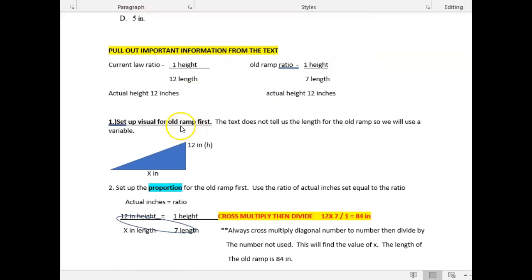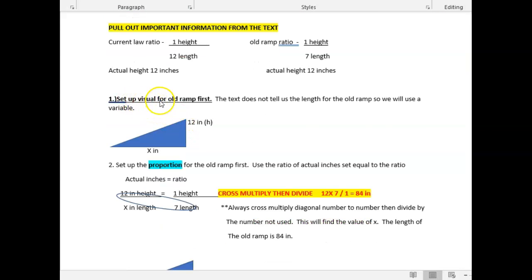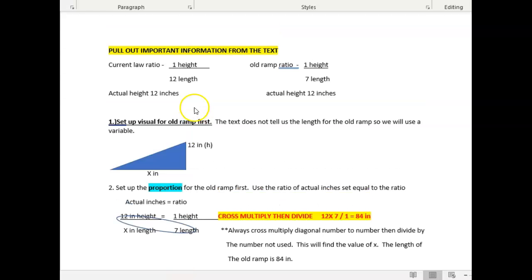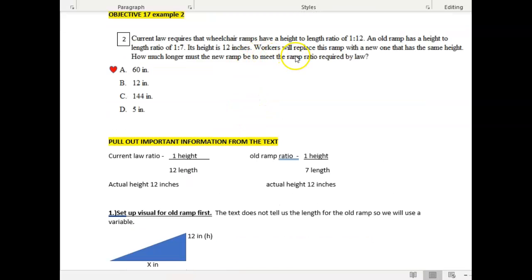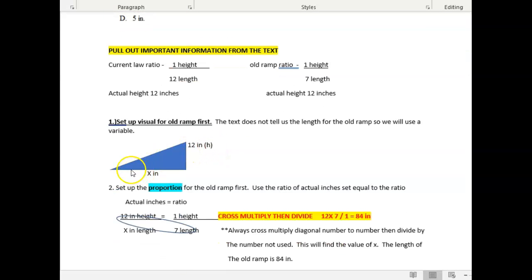The first thing that I would like you to do is to set up a visual of the old ramp first. So if you notice, the text doesn't give us the actual length, but it does give us the actual height. So our first step is going to be finding the length of the ramp.